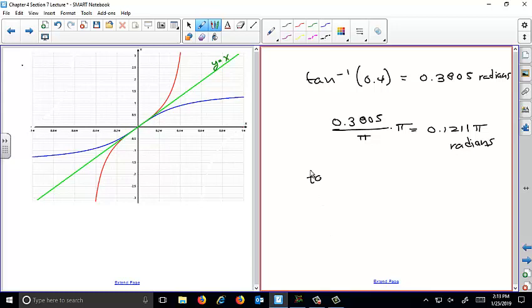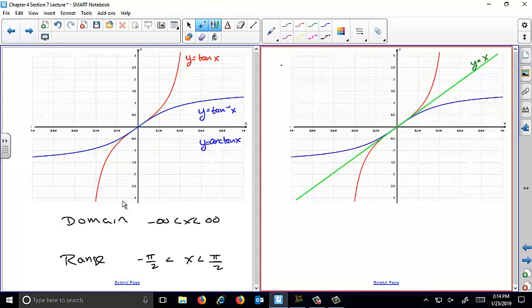So let's say I did the inverse tangent of negative the square root of 3 over 3. Because of the way the domain is set up, when you take the inverse tangent of a negative number, you're going to get a negative angle between negative pi over 2 and 0.